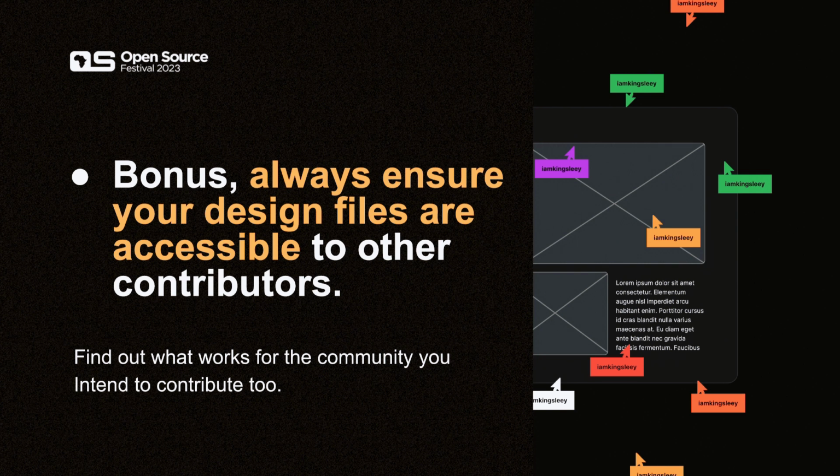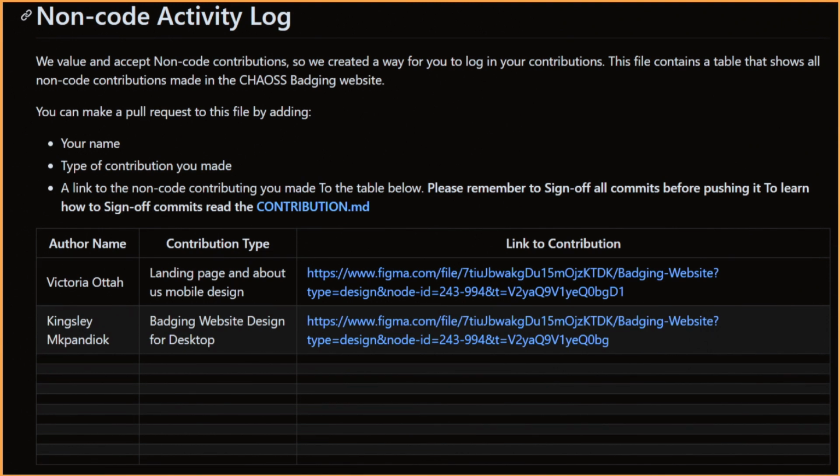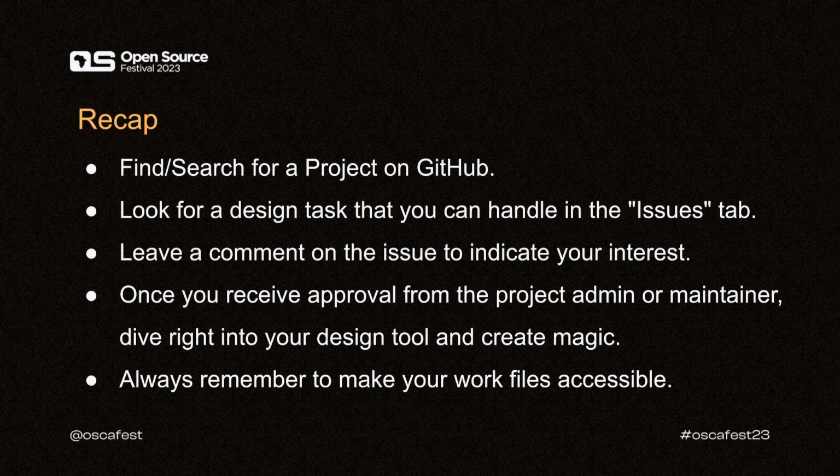Next slide. For some communities, you add links to your folder. So next slide. Find the project on GitHub, look for a design task that you can handle, leave a comment to confirm that it hasn't been assigned. Then once approved, you can jump in and start contributing. Always remember to make your work file accessible.